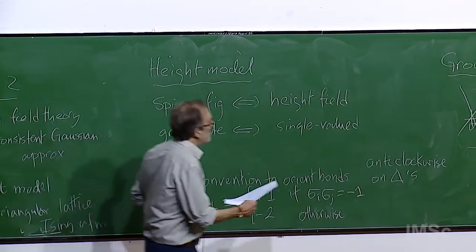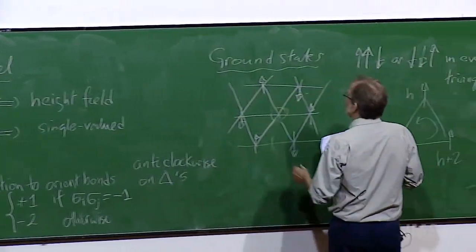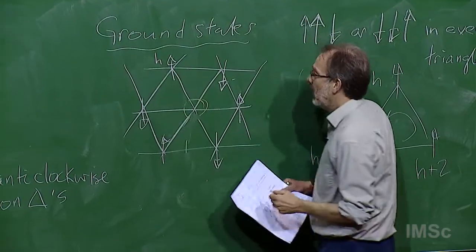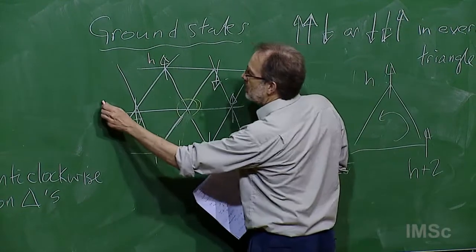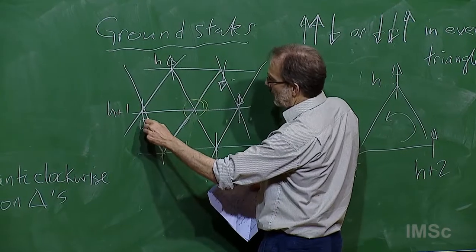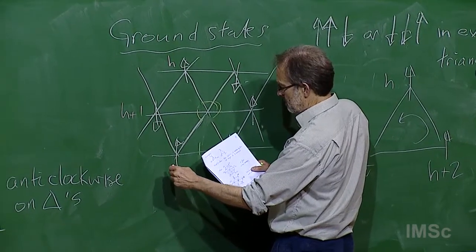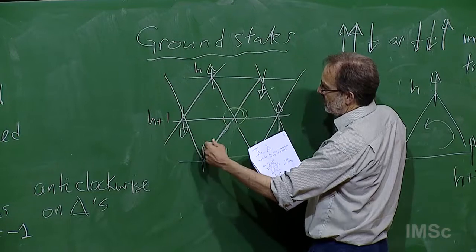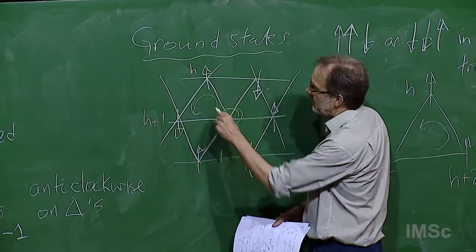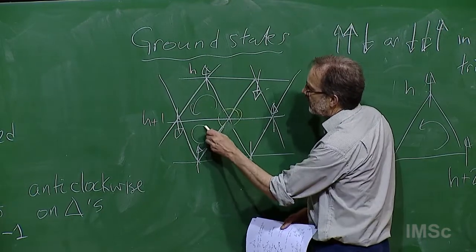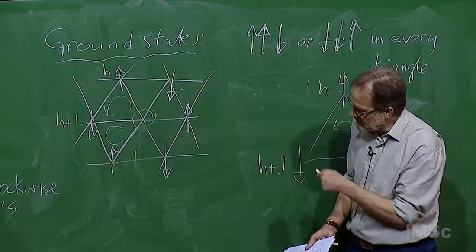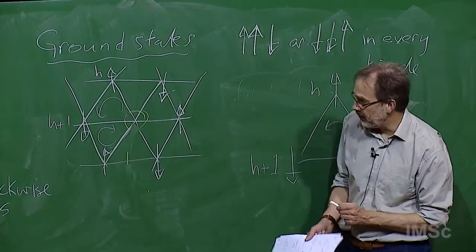So if I apply that to the triangle that I've drawn, then I can fill in some heights. So if I take this triangle to be h, then that's h+1, and then if the circulation on this triangle is anti-clockwise, on the down-pointing triangle, it has to go clockwise to be consistent with my bond orientations.